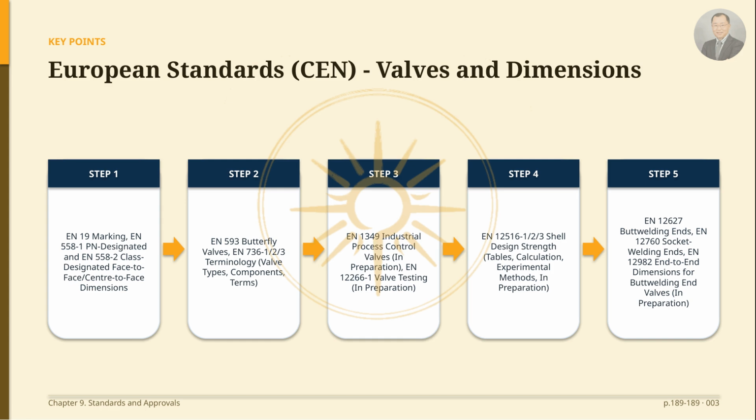Additionally, EN 12627 covers butt weld end design, EN 12760 covers socket weld end design, and EN 12982 covers end-to-end dimensions for butt welding end valves, all of which are currently in preparation.